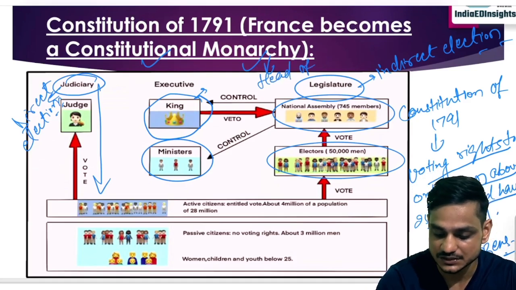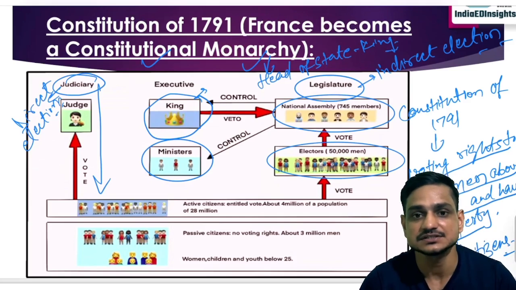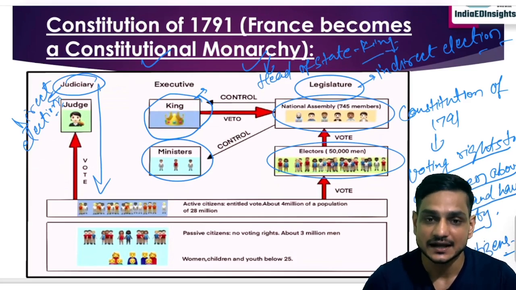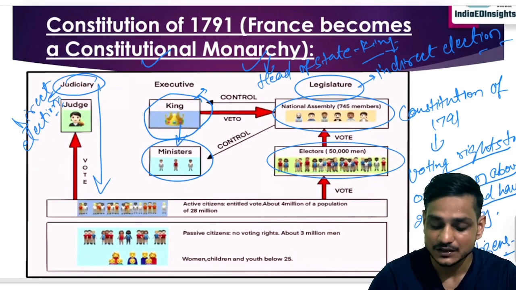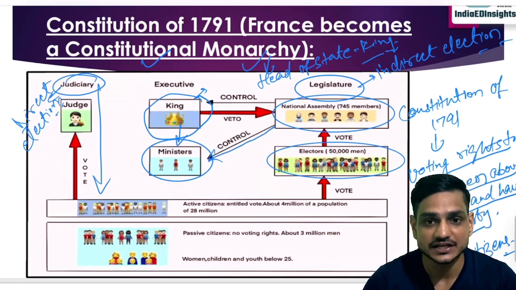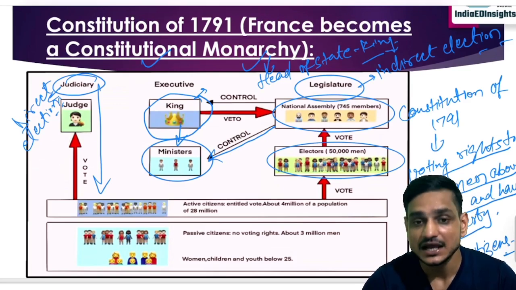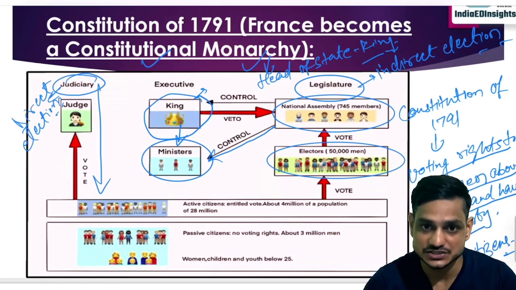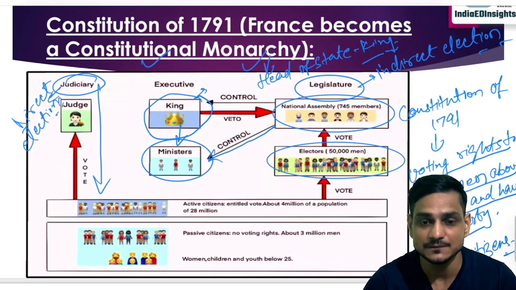Constitution is there, and the ministers were appointed by the king. But ministers cannot do anything. So ministers have to take suggestions from the National Assembly, and if the National Assembly proposes certain things, then only ministers can work. So executive has to take decisions from the National Assembly itself first.